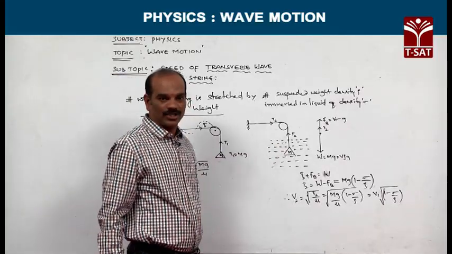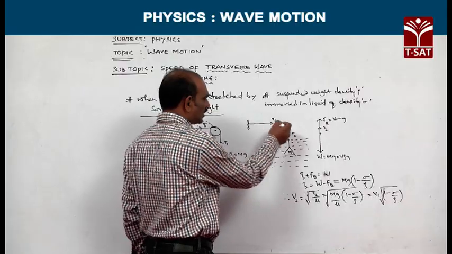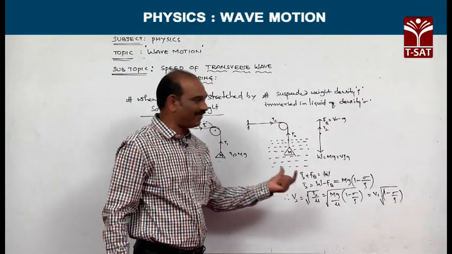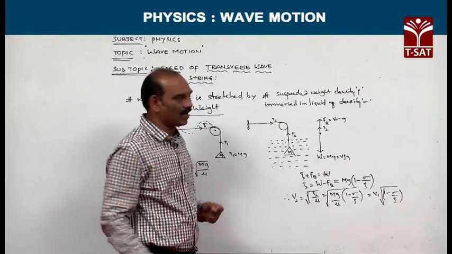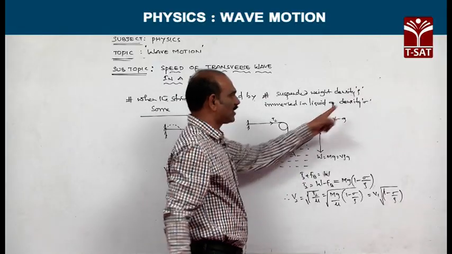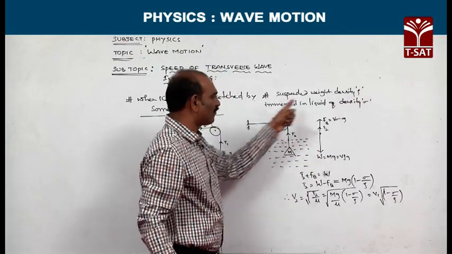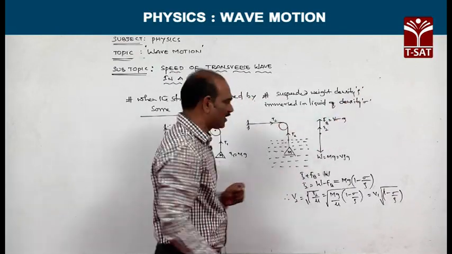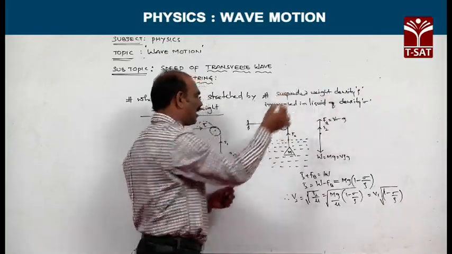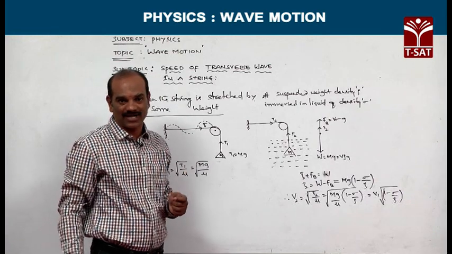Now, second application: the string is passed over a pulley and the load is immersed in a liquid of density sigma. Here the density of the body is rho and the density of the liquid is sigma. That means the load is suspended inside the liquid of density sigma. What happens to the speed of the transverse pulse?